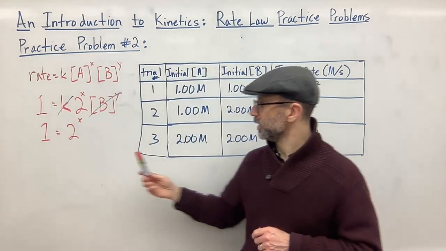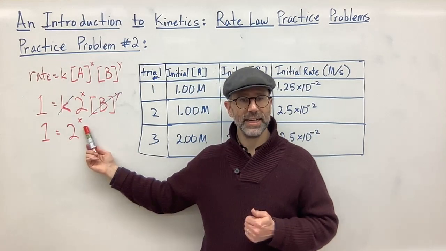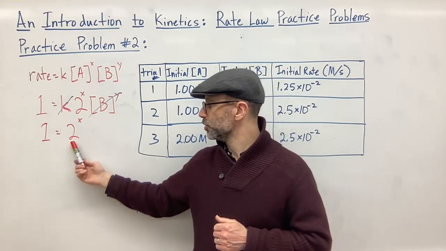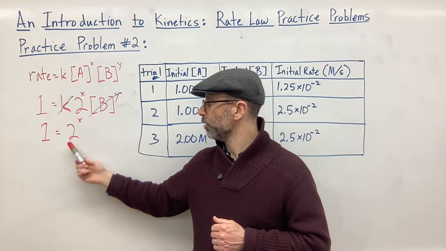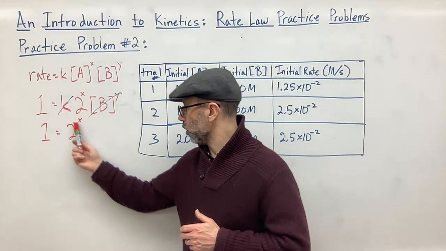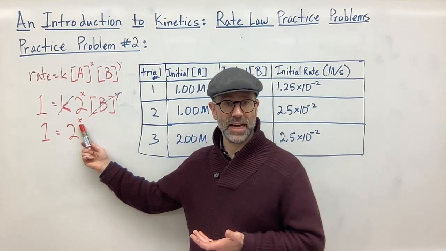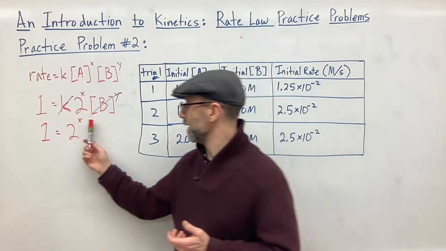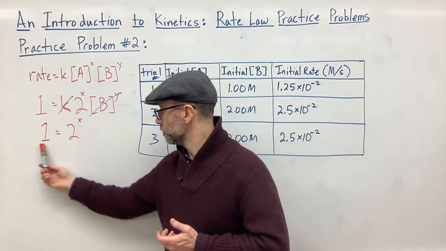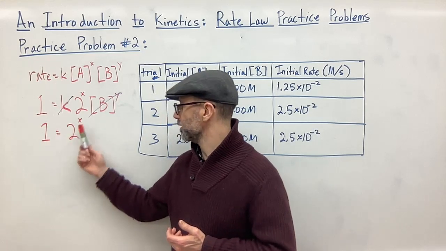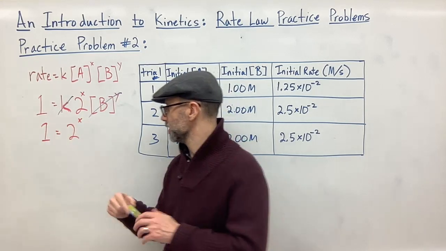So then the question is, what does x have to be in order for 2 to the x power to be equal to 1? That is going to be 0. So x has to be 0. Again, in order for 2 raised to the x power to be 1, x is 0.